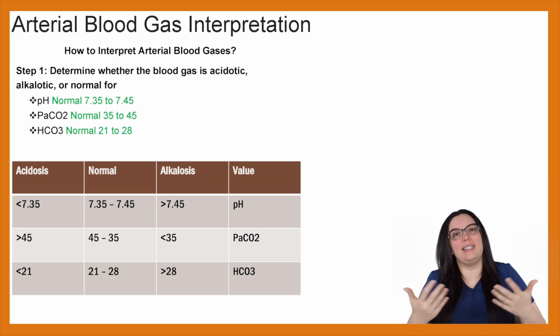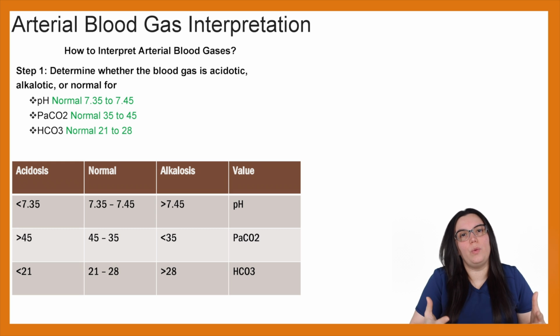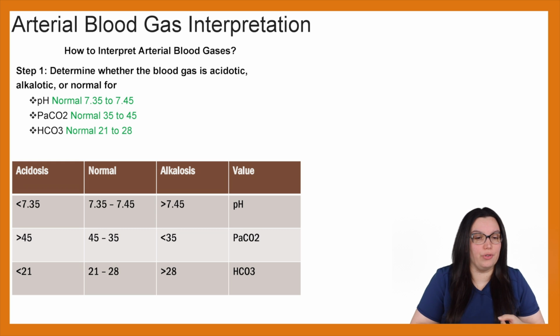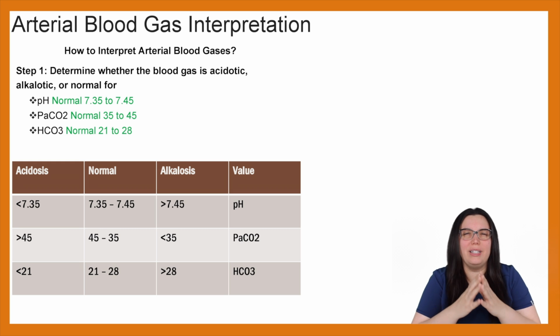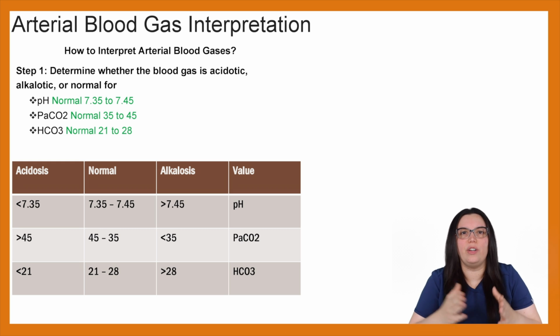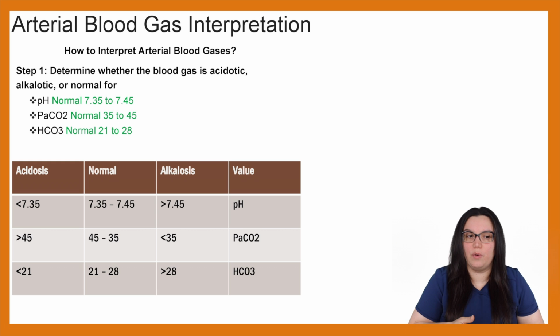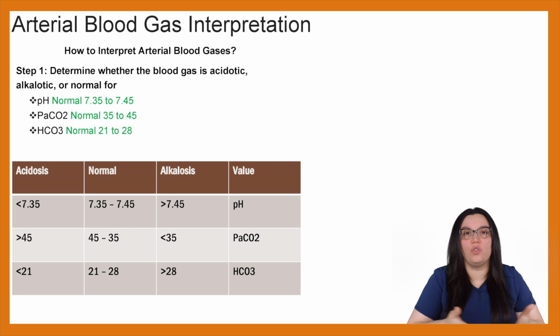So we begin with step one. We're going to take a deeper dive into what that looks like. In step one, it's how we determine whether we're acidotic, alkalotic, or neutral. I included this nice little table down below for you to really see specifically how we determine these values. When we look at our pH, we know that normal is 7.35 to 7.45. When we're in an acidotic state, our pH is going to go low.